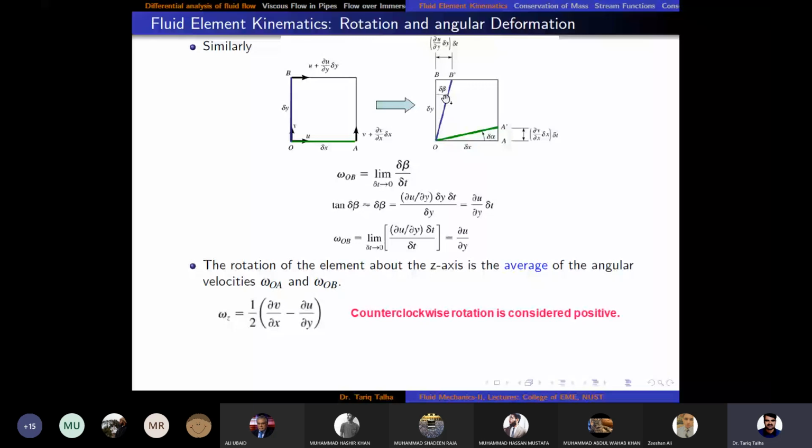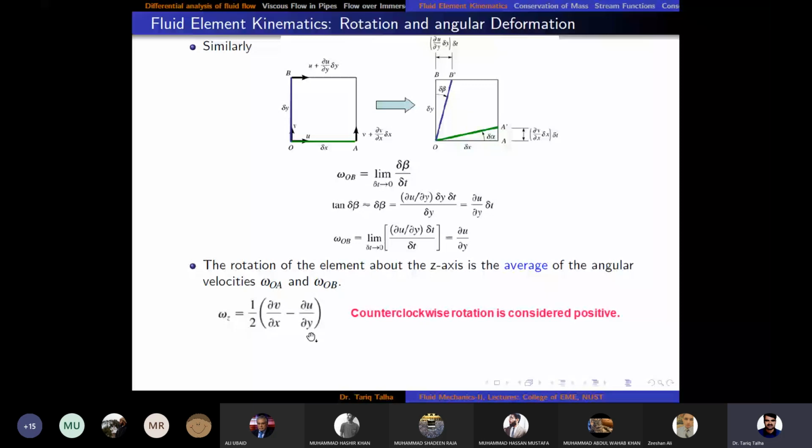So we are taking counterclockwise as the positive direction, and then we add them. Because partial u by partial y is clockwise, it has been added as negative. So omega z comes out to be 1 by 2 times partial v by partial x minus partial u by partial y. So it is about the z-axis.